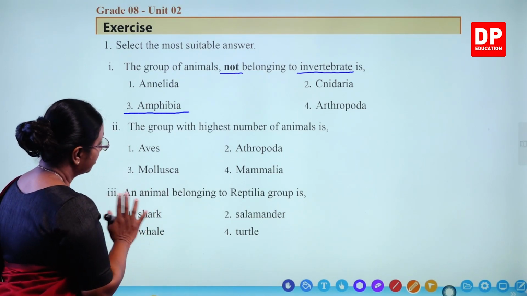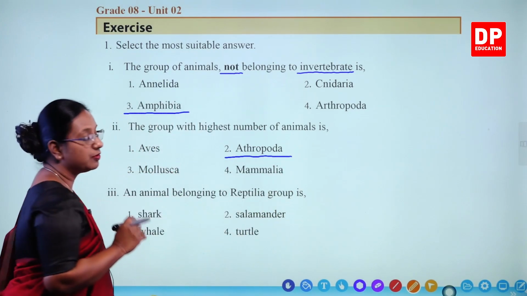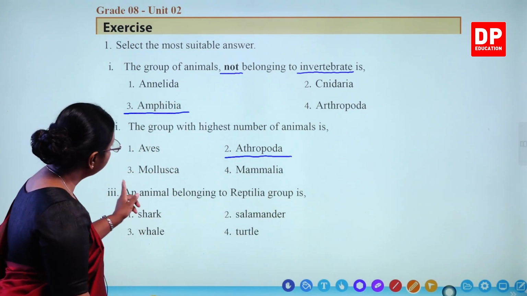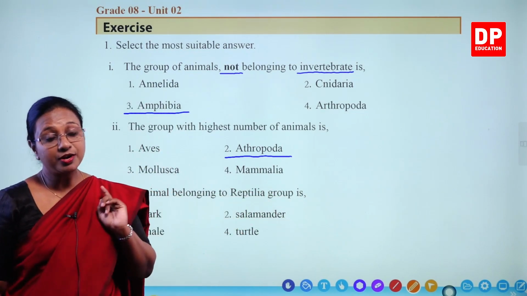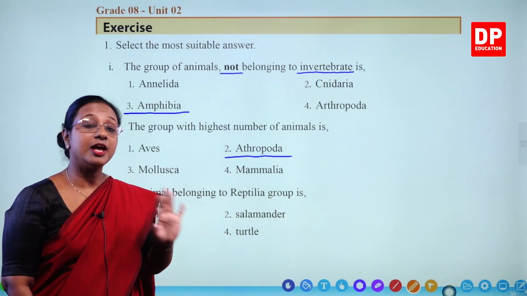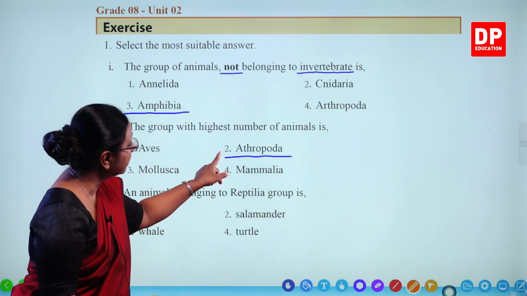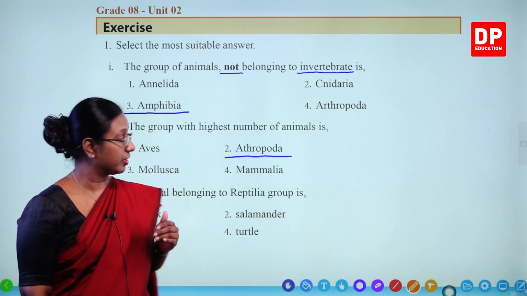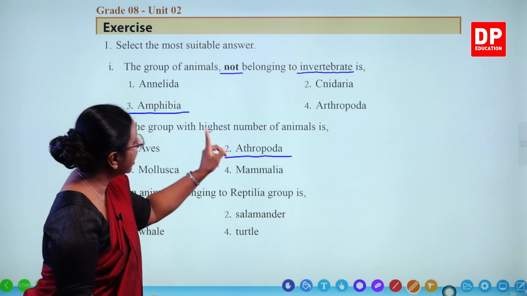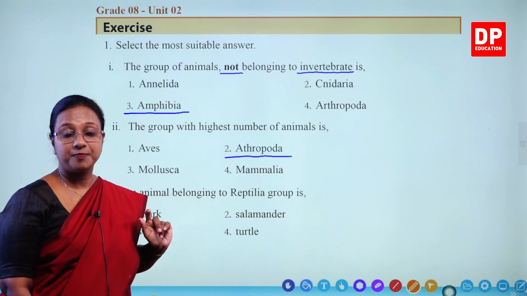So Aves, no. Arthropoda, yes. Here there can be no confusion. It has to be Arthropoda. Mollusca is given. Mammalia is given. So I already told you all, Mammalia also has a very large number of organisms. But compared to that, Arthropoda has very high number of different organisms. So the group with the highest number of animals is Arthropoda.